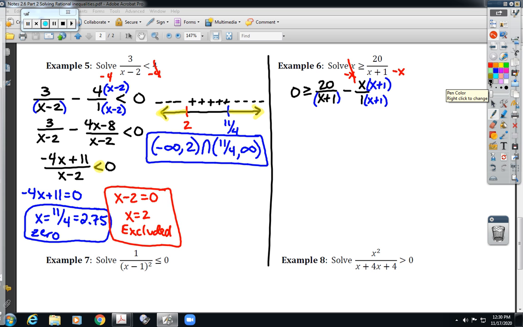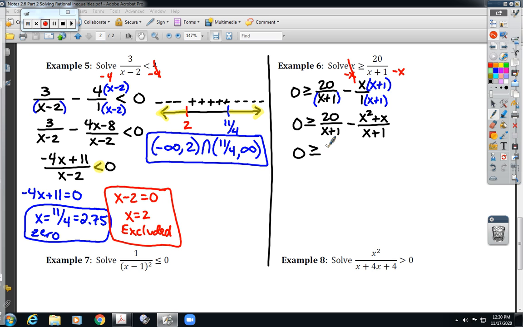So that would give us 0 is less than or equal to 20 over x plus 1 minus x squared plus x over x plus 1. Just distributing that x. When I combine those two fractions, I'm only combining the numerators. I'm also going to write it in descending order.